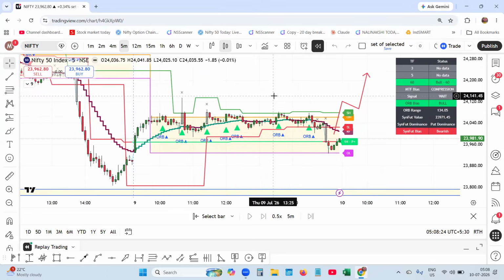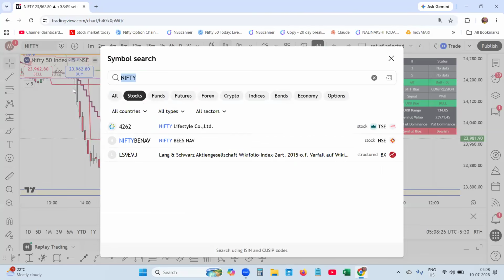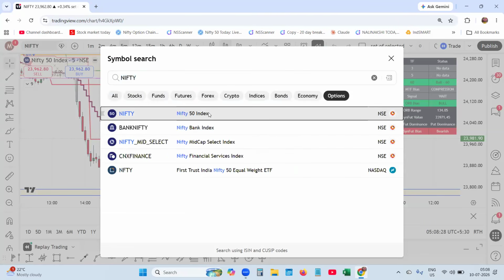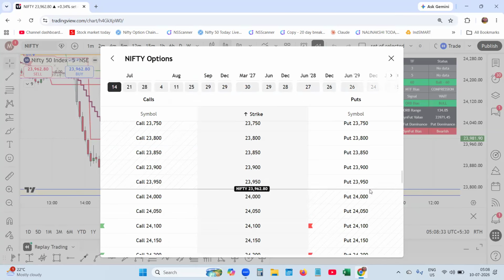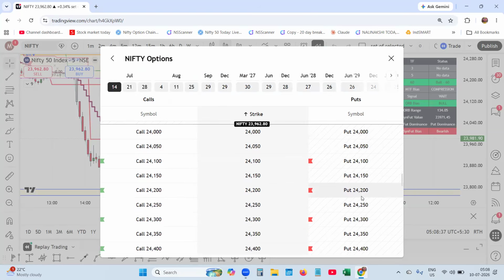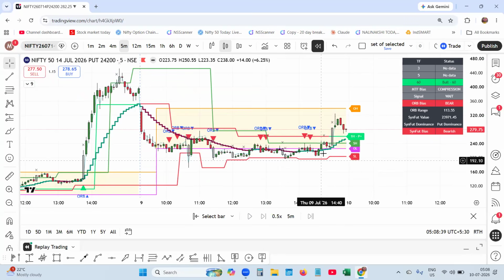Then you could have looked for a put option. You can see for yourself, the 24,000 put option or the 24,200 put option. You can see it gained its momentum from around 2:30 p.m. From 208 it ran up to 289.